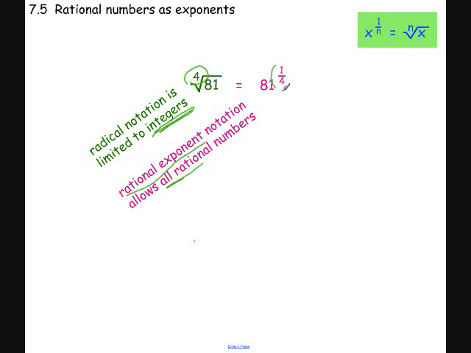We remember that a rational number is a ratio of integers. What is this one saying? It's saying we've got 81 to the first power. I didn't write it here, but it's true. There's my power. And the fourth root.